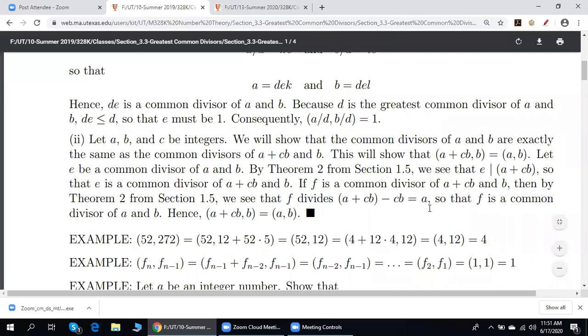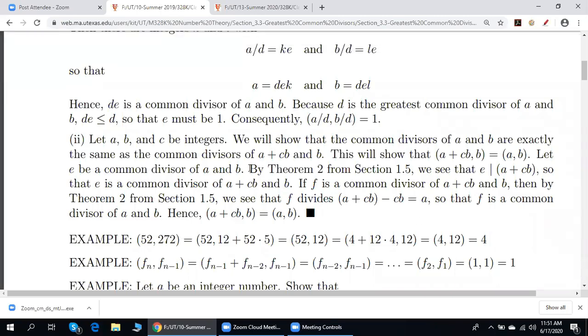And now let us put pieces together. By this sentence, if E is a common divisor of A and B, E is a common divisor of this and this.